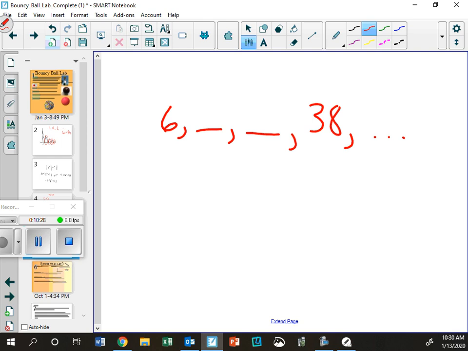It could be either one. I didn't say which one it was yet. Okay? What I'd like you to do is use the proper formula to figure out if this is an arithmetic sequence. Figure out what the next one is. So I'm going to call that the first, second, third, fourth, fifth term, if it's arithmetic.